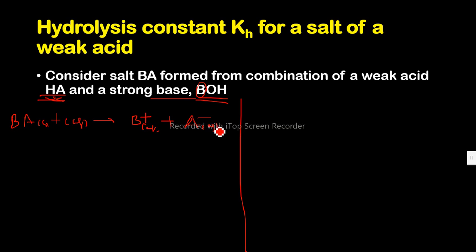Now the A minus will undergo hydrolysis. They will react with water molecules like we illustrated above, using half equations, to produce HA.